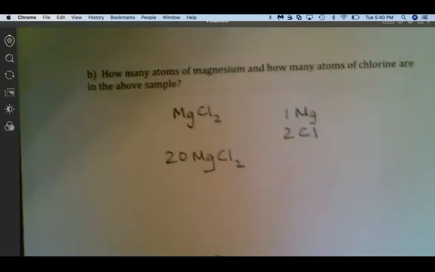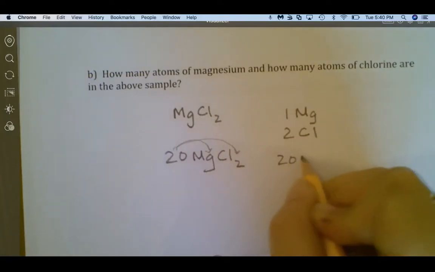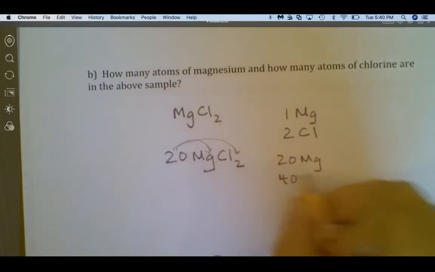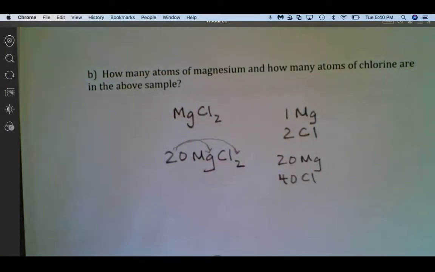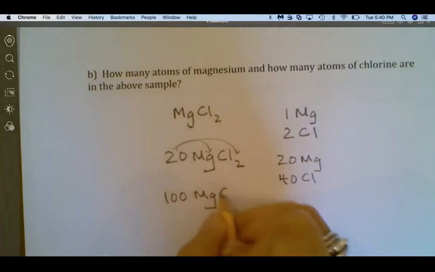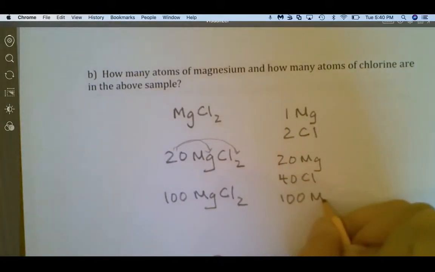Well, in this scenario, you would just take your coefficient and say, I have 20 magnesium atoms and I have 40 chlorine atoms. What if I was to put a 100 in front? Well, you would have 100 magnesium and you would have 200 chlorine.